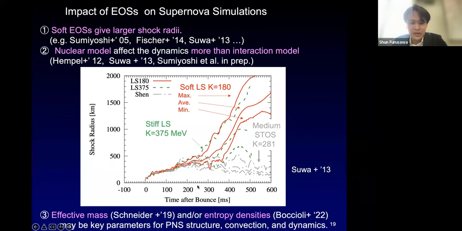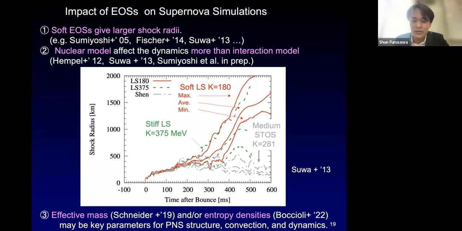But recently, in conclusion, the incompressibility parameter and symmetry parameter may not be so important in supernova simulation. They are not so influential on the dynamics. Recently, Schneider showed the effective mass in Skyrme type interaction. They changed the incompressibility parameter and some other parameters systematically, and they found the effective mass is most influential on the result.